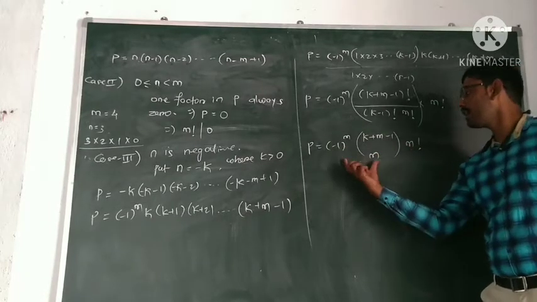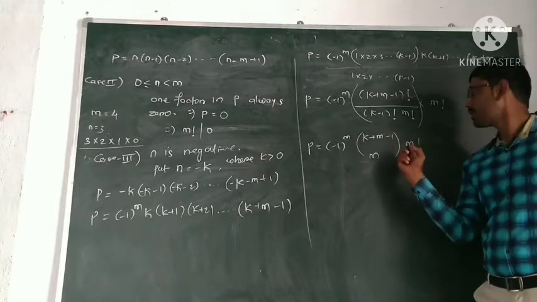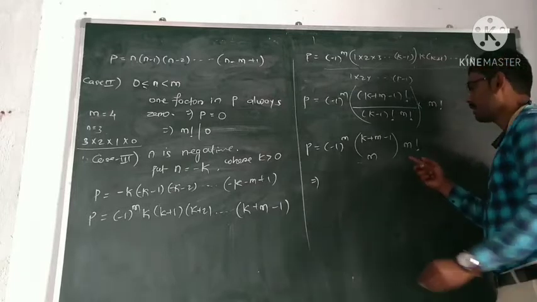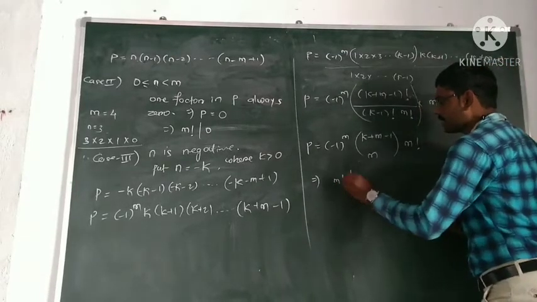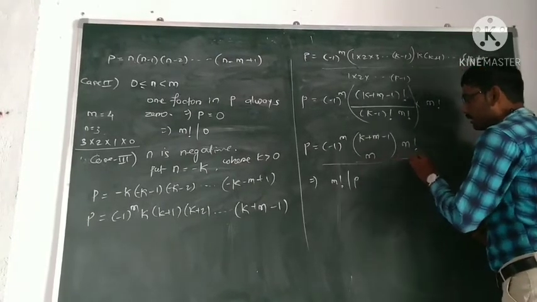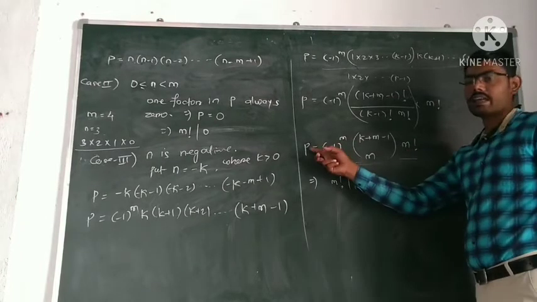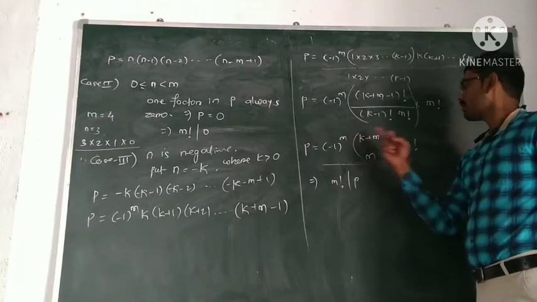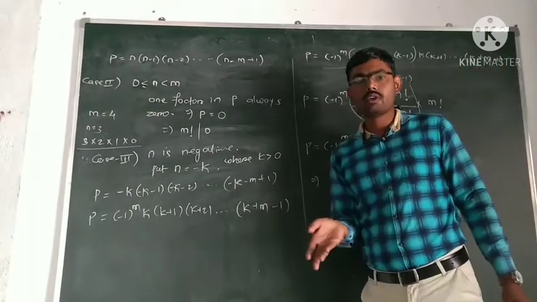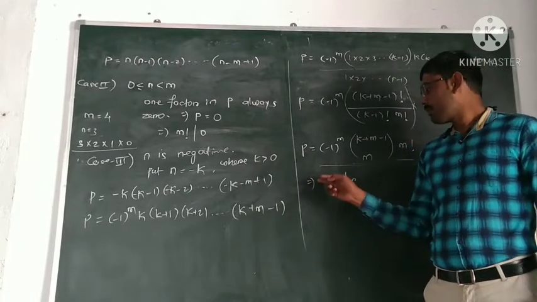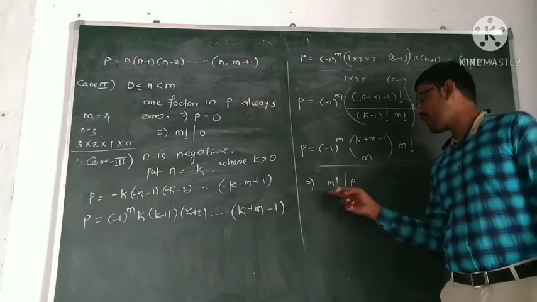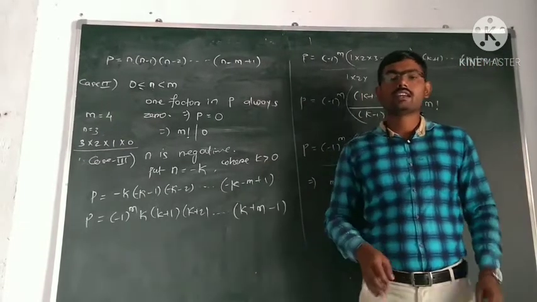So again p is equal to a into b, and by the definition of divisibility, m factorial divides p. If a is equal to b into c, then b divides a. So for a negative integer also, the product of m consecutive integers is always divisible by m factorial, or m factorial always divides the product of m consecutive integers.